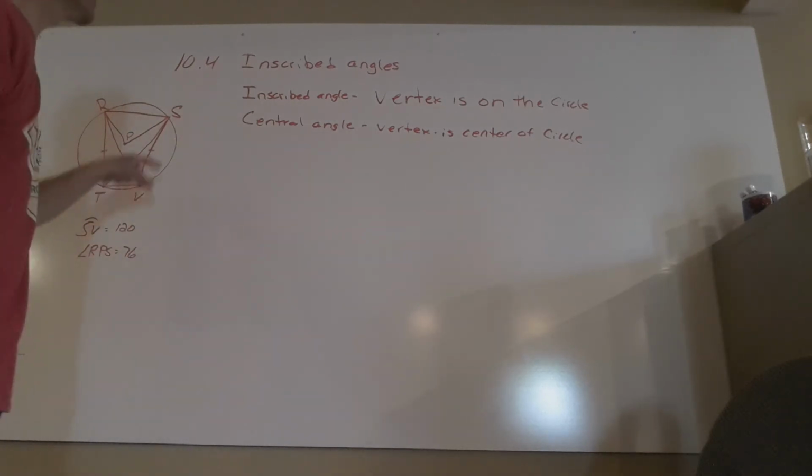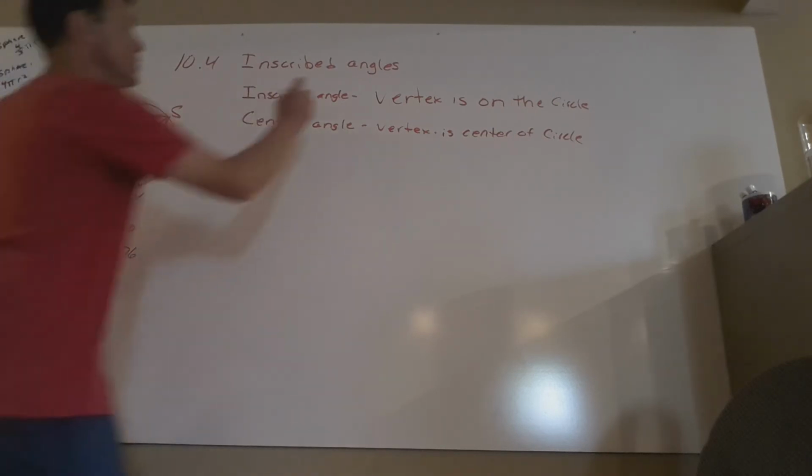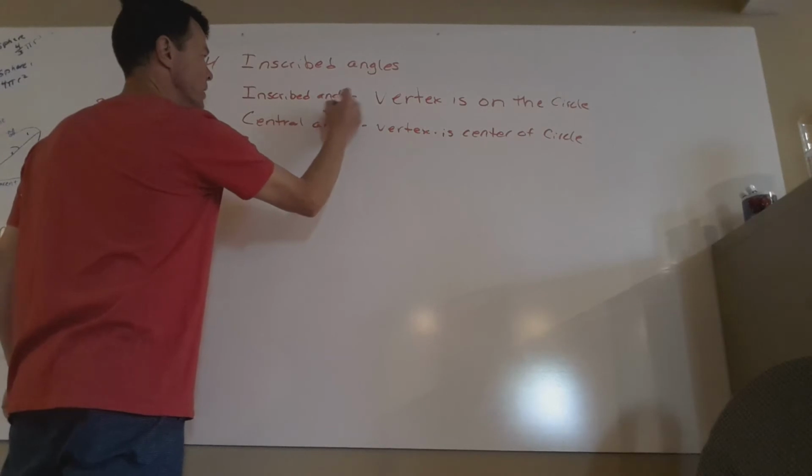An example of an inscribed angle, and I've got a bunch of them over here, would be angle RTS. The vertex has to be on the circle, or we could have VRS. The vertex here is on the circle. So here's some examples.